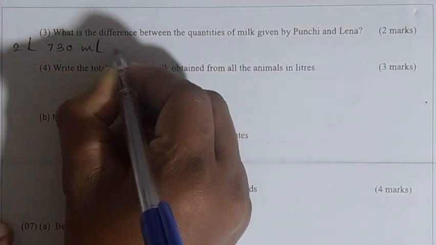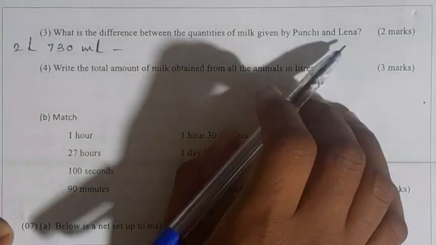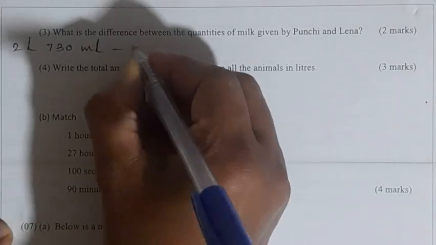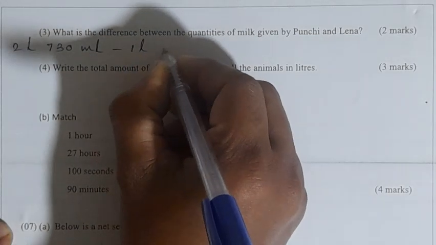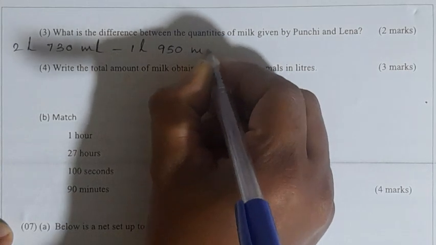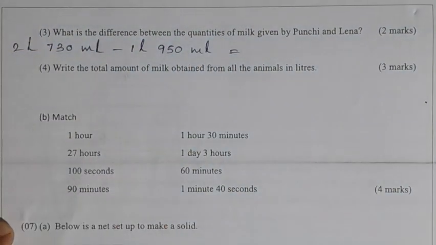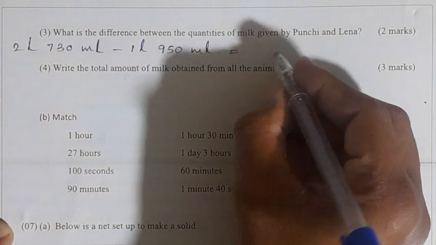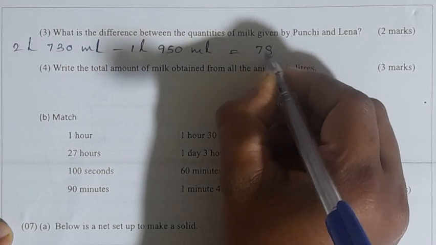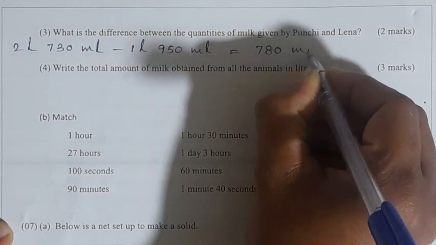So we have to subtract the amount given by Lena from this one. Lena has given 1 liter 950 milliliters. You have to write these amounts one below the other and do the subtraction. I will give you the answer. The last answer here is 780 milliliters.